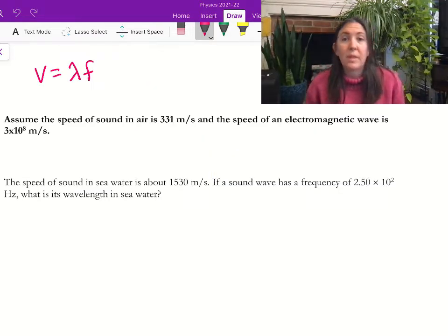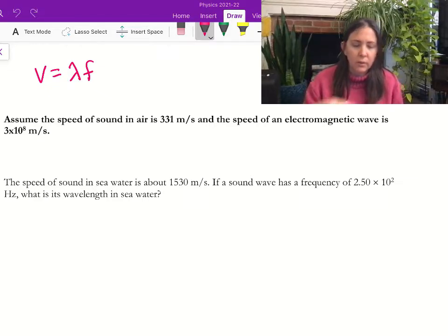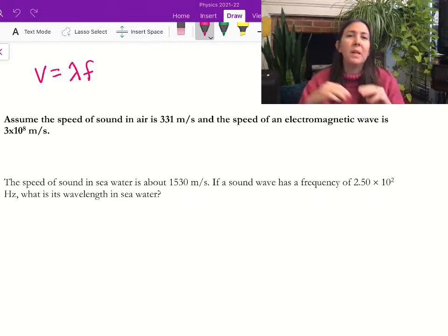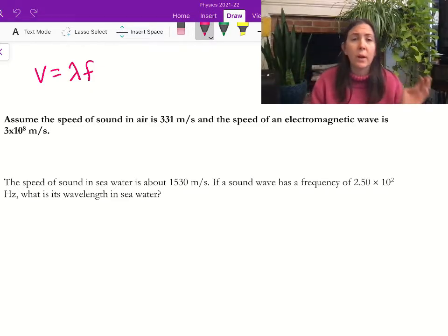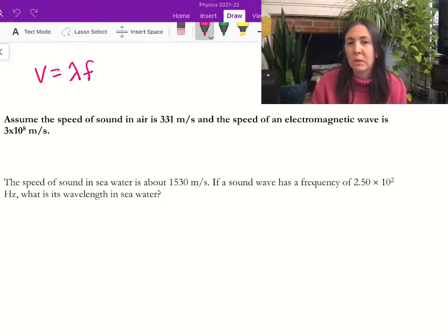So we typically think about light as having a constant speed, which is 3 times 10 to the 8th meters per second. That light would be anything in the electromagnetic spectrum, from radio waves to microwaves to X-rays to visible light, and it travels at that speed. Now, that speed is technically in a vacuum, but the difference between the speed of light and air is so small that typically we take 3 times 10 to the 8th meters per second as the speed of light in general.